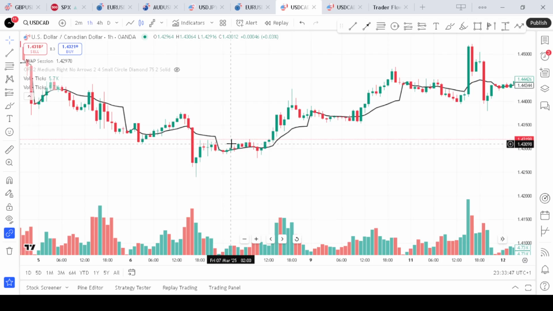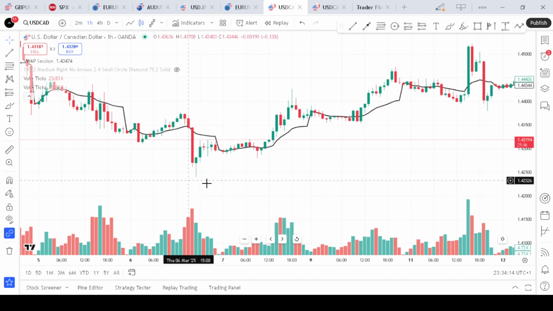And in today's video, we are going to be talking about the Order Flow VWAP, a powerful combination of two essential trading concepts that can significantly enhance your trading analysis. This advanced tool merges the insights from the volume weighted average price, which is the VWAP, with real-time order flow data, providing a comprehensive view of market dynamics.